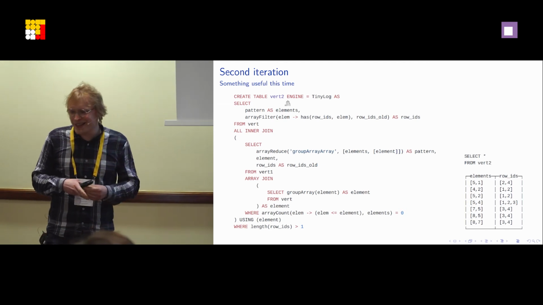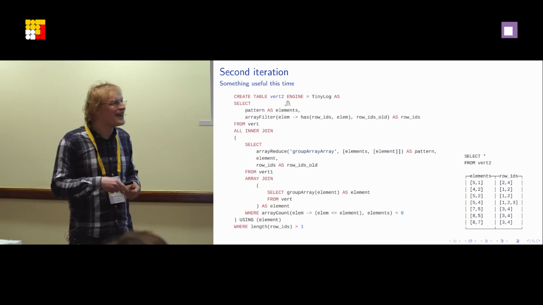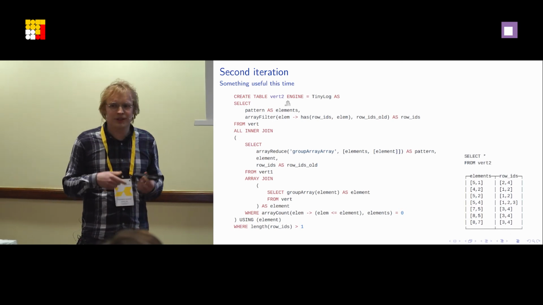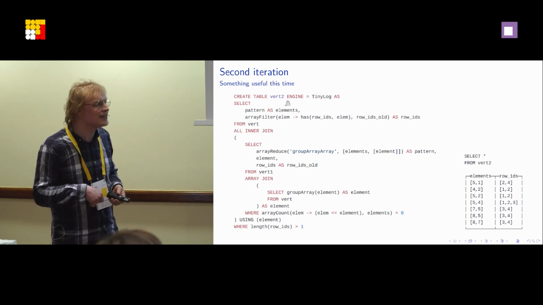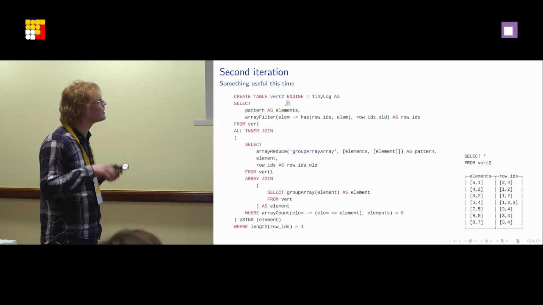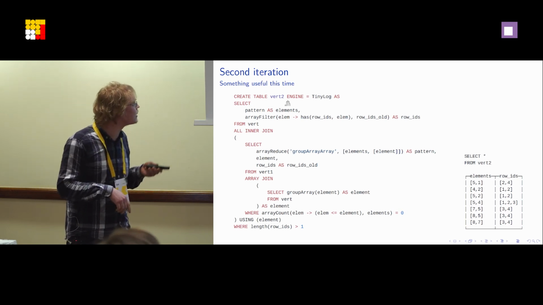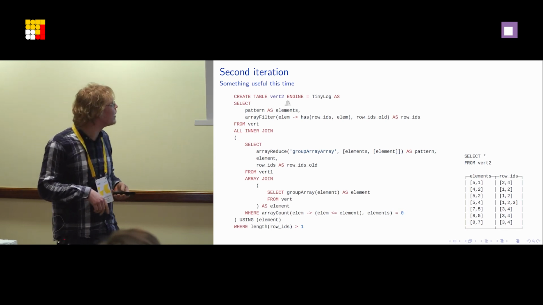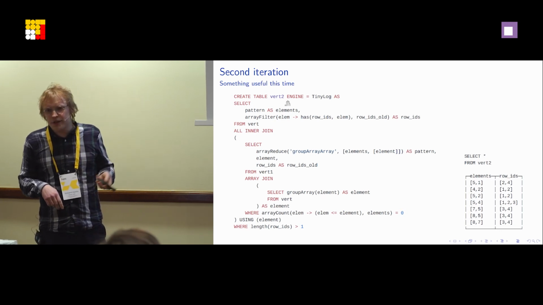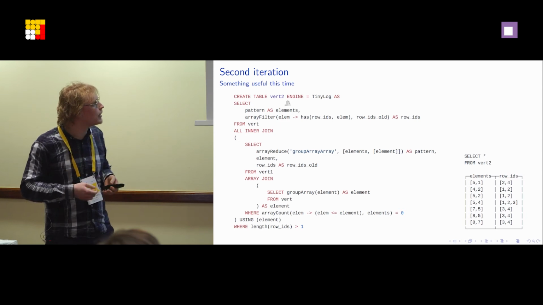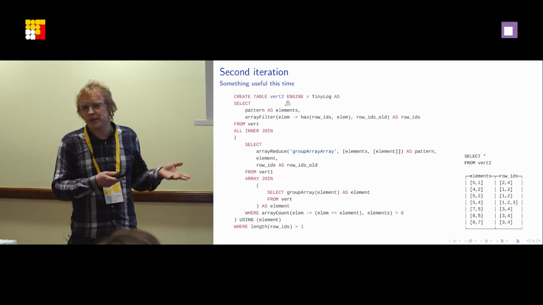Well, how to read it? Reading it, as usual with joins, starts from the end, and the end means something that is most deeply nested, and in this case, it's the select with group array inside array join. What we have here is we just create an array from the original table.